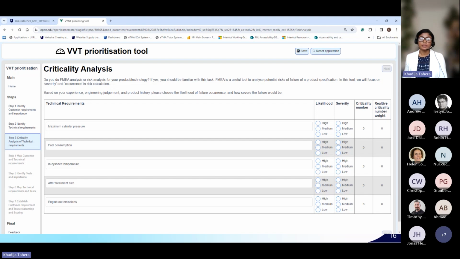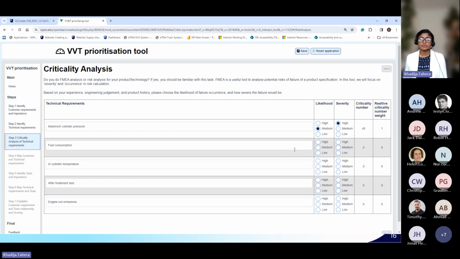So to do that, let's say, for example, and again, it's just a demonstration example, it may not reflect the real case, that we are identifying the maximum cylinder pressure. The likelihood of failing at this stage is medium, but if it fails, that has serious consequences for safety, business reputation, customer satisfaction, so on, lots of things.